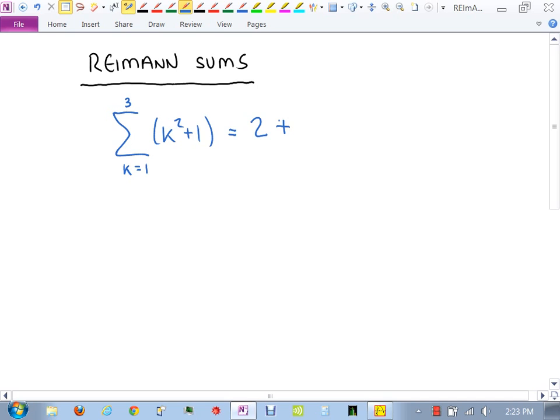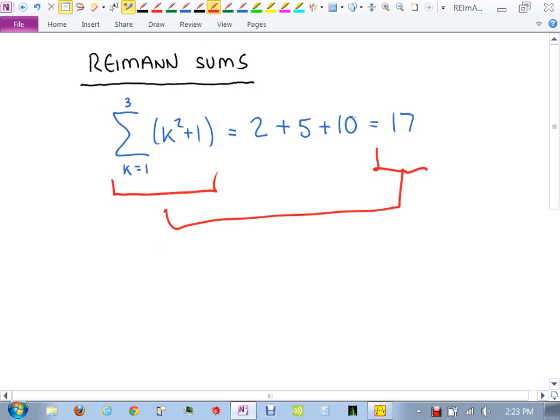Then I add to that. Now I let k be 2, so I increase the number by 1 integer. Now plug 2 in. What's 2 squared plus 1? 5. Plus 3 squared plus 1, 10, right? You add those up, you get 17. So this sum right here gives you this number.